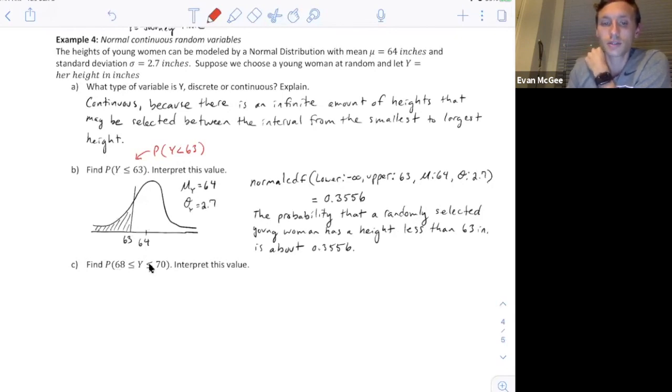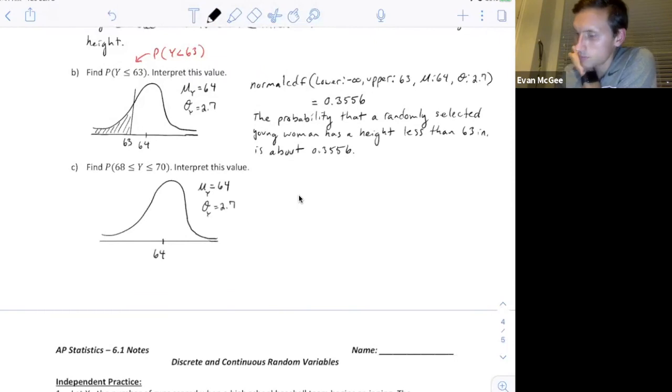Now let's find the probability of randomly selecting a young woman whose height is greater than or equal to 68 and less than or equal to 70. I'll sketch a picture, and then I'll write out my normal calculator statement. I've drawn my normal curve centered at 64 with a standard deviation of 2.7. I want to find the shaded region between 68 and 70. So here's my lower cutoff and my upper cutoff.